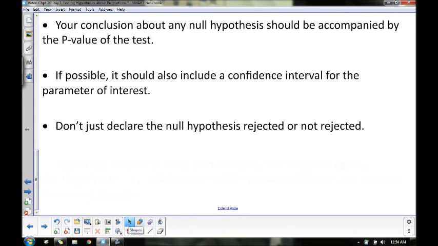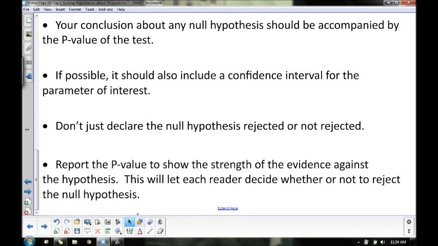Don't just declare the null hypothesis as rejected or not rejected. What you're going to do is say, with a p-value of, which is less than alpha, we reject the null hypothesis. Or with a p-value of, which is greater than alpha, we fail to reject the null hypothesis.